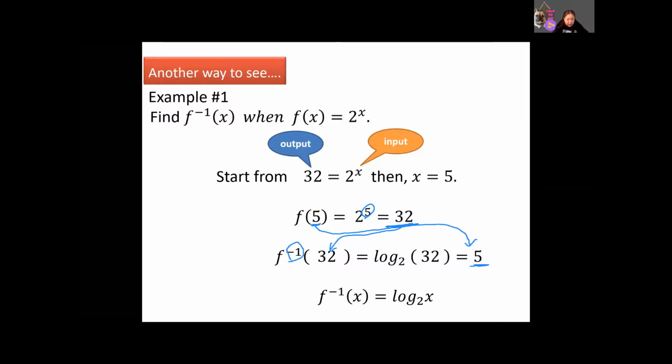Then I can name the result: the inverse function, logarithm base 2 of x, is the inverse function of this. So now we pair this and this as the original function and the inverse function.